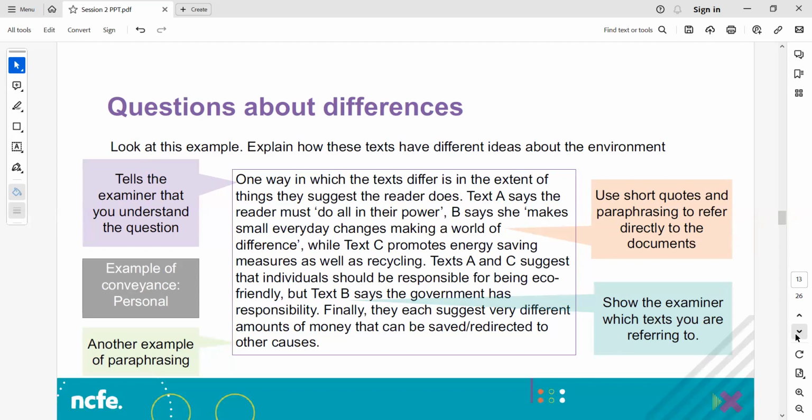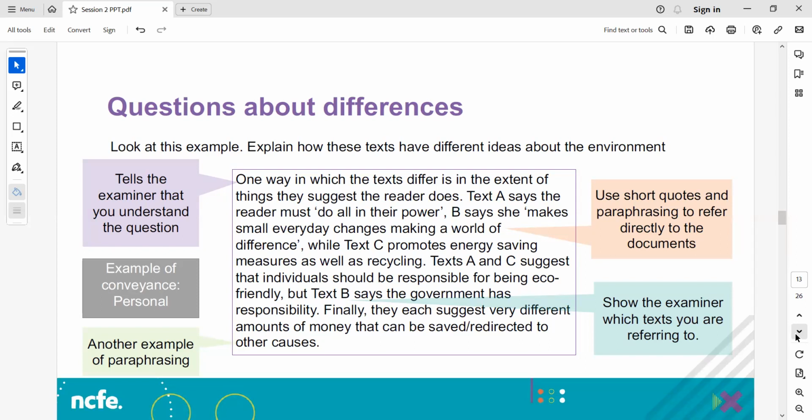And at the end, the final sentence, again, they've paraphrased it. So rather than putting another quote in, they've paraphrased the ideas from the text. Finally, they each suggest very different amounts of money that can be saved or redirected to other causes.